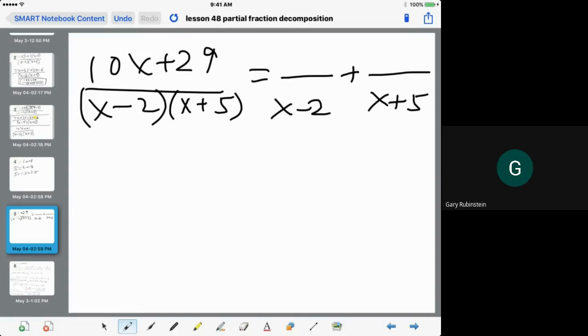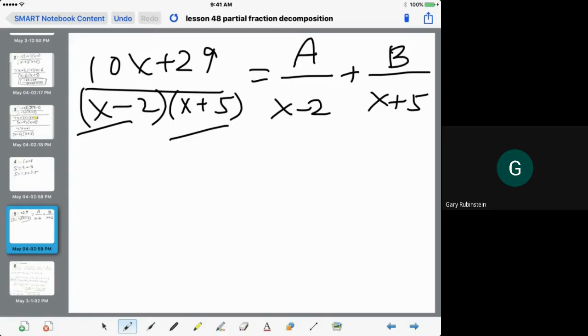But the point of partial fraction decomposition is we want the two new fractions to be simpler than the original one, and not just as complicated as the original one. So we're going to make the assumption that, like before the common denominator of x minus 2, x plus 5 was created, these two things individually had denominators x minus 2 and x plus 5.